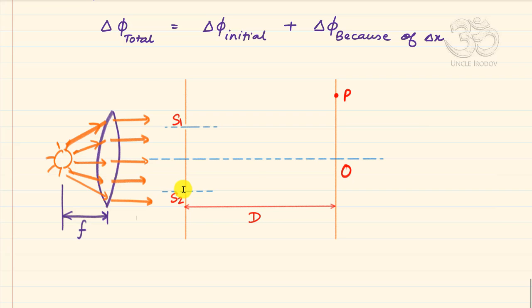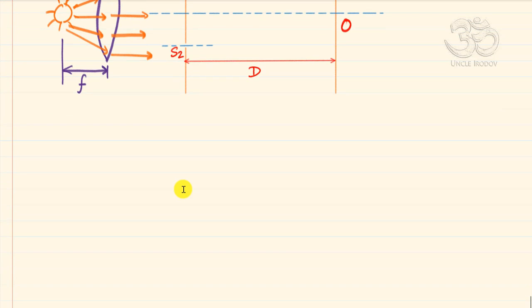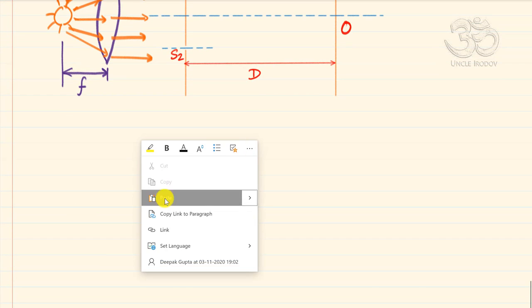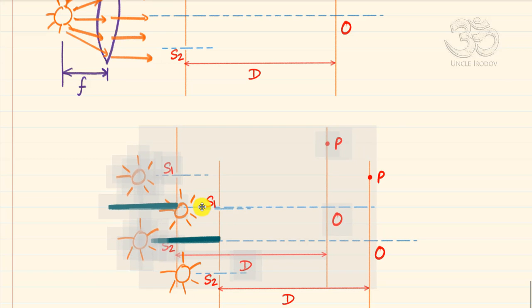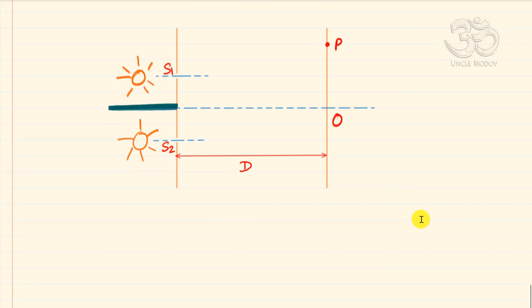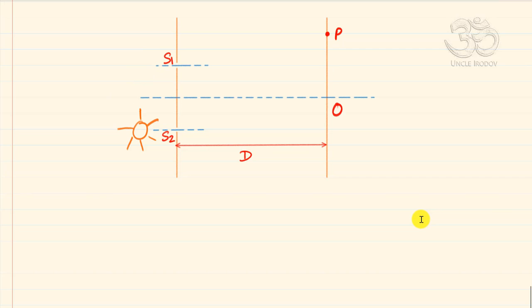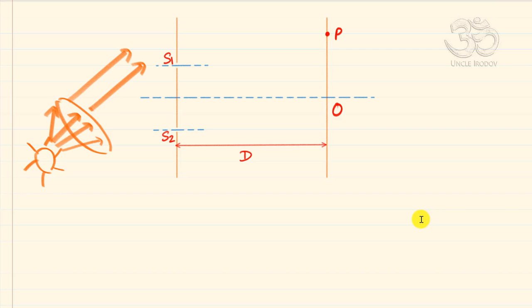But there may be another variation of the same apparatus, and that variation is this. Sometimes we may have a case of this kind where we keep one source elsewhere, and you place the lens like this, the light rays become parallel, and this parallel beam is going to hit S2 as well as S1.